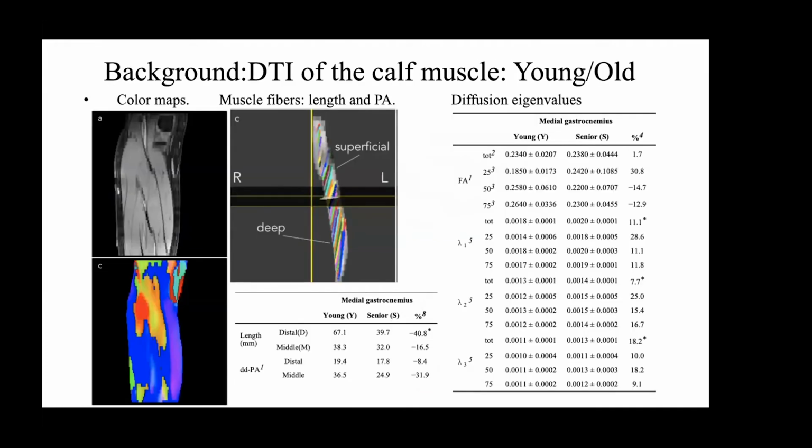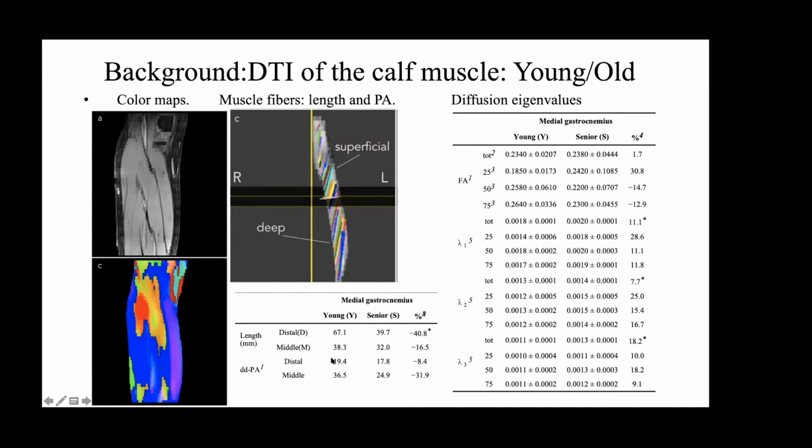Just to show our initial work before this modeling, even the plain diffusion can give you a lot of information. For instance, I've shown here the tracts, colored differently to show you how the fibers run from distal to proximal in the medial gastrocs. And from that, we were able to get both the fiber lengths and the pennation angles.